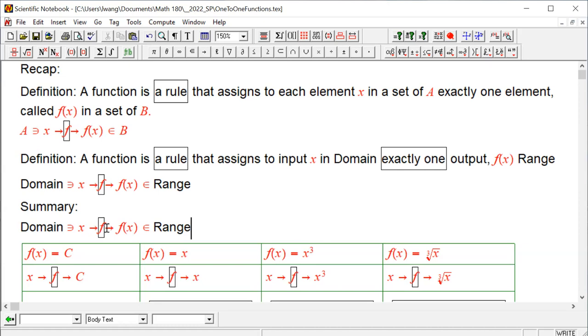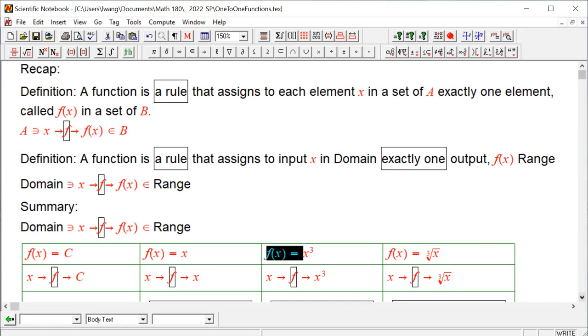If I replace the rule by a sequence of different rules, rule number 1, rule number 2, rule number 3, and so on, different rules have different domains, different ranges, and correspond to different pictures.